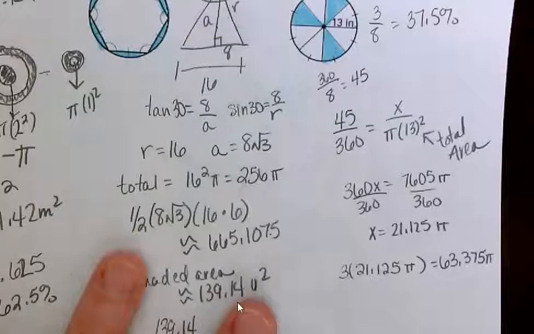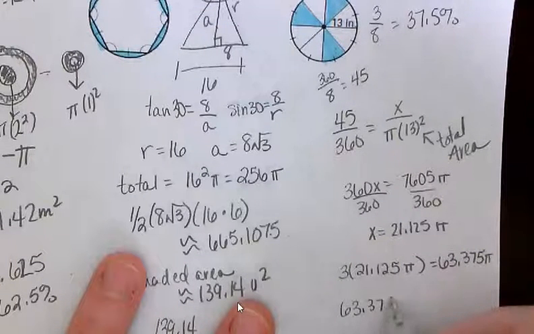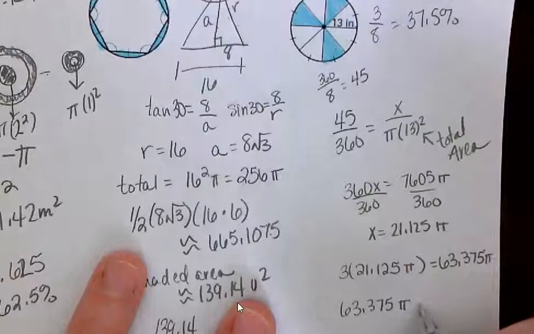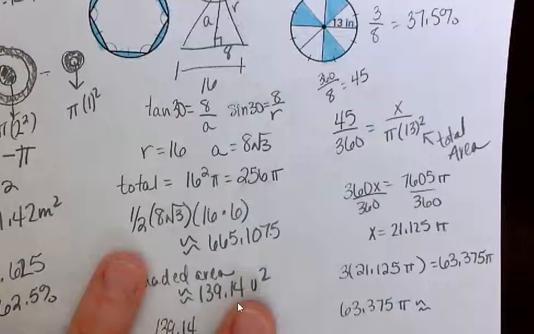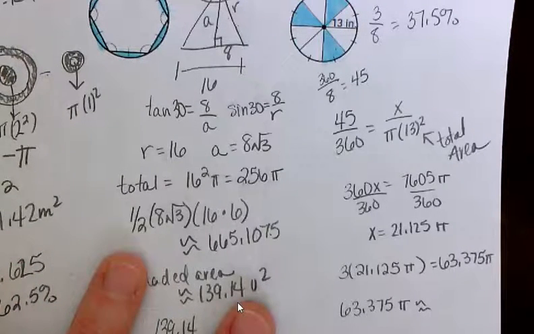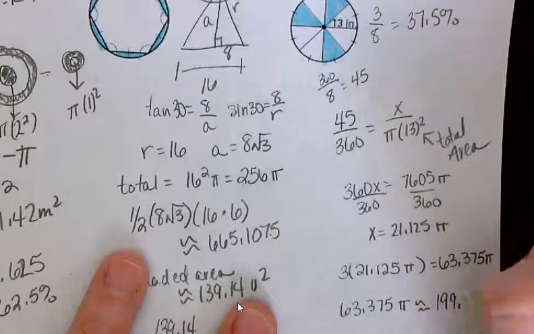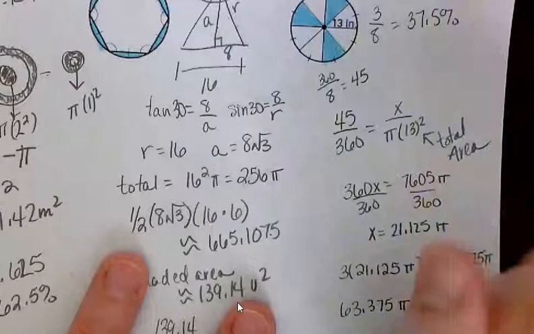And if I divide that by 169, 63.375 pi equals the shaded area, which is approximately 199.10 inches squared.